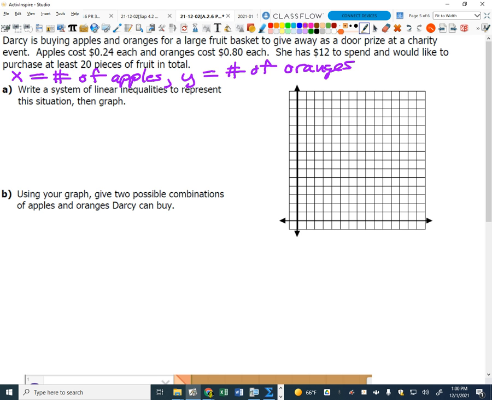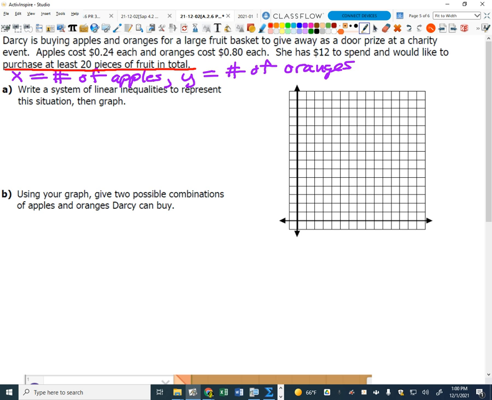We've got to come up with a couple of equations then. So let's start with an easy one. How about this one right here? She'd like to purchase at least 20 pieces of fruit total. How are we going to say that one? Clayson, you have an idea about that one?